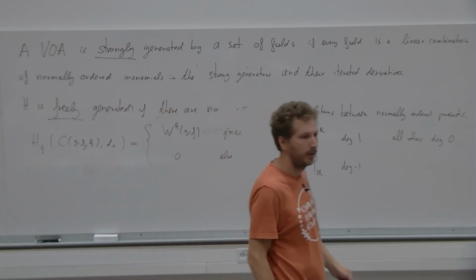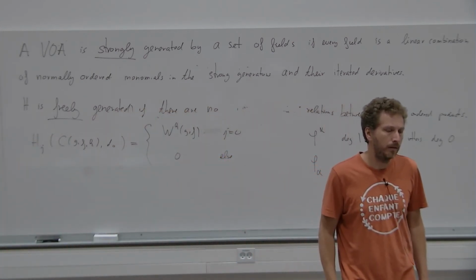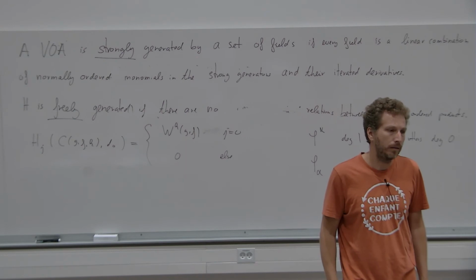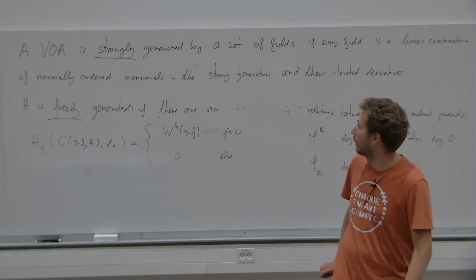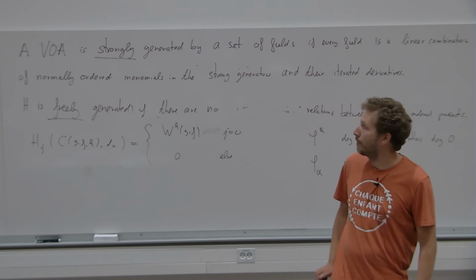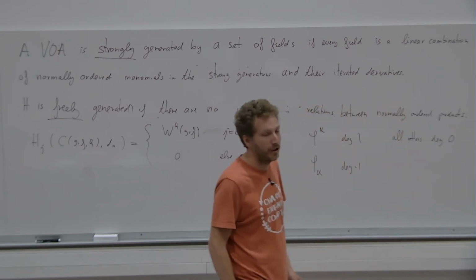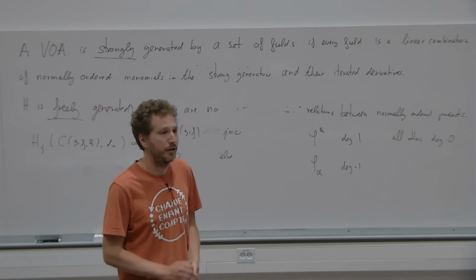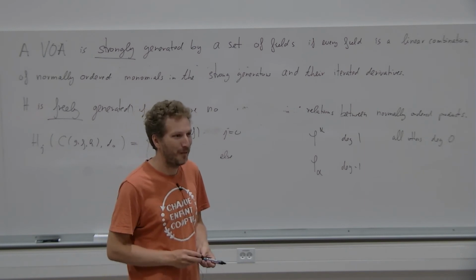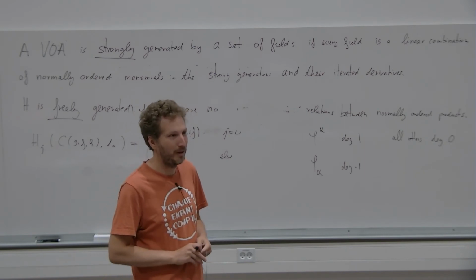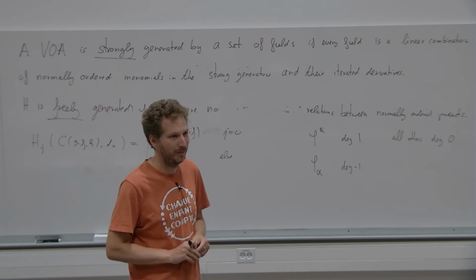Yeah? If a VOA is not strongly generated, then how can we present the general field? How to present it if not strongly generated? Every VOA is strongly generated by the complete collection of its fields. Every vertex algebra is strongly generated by the complete collection of its fields. All right?